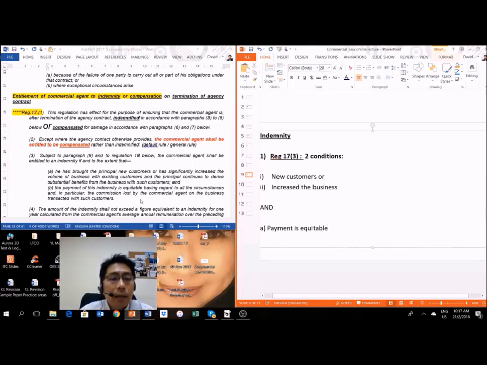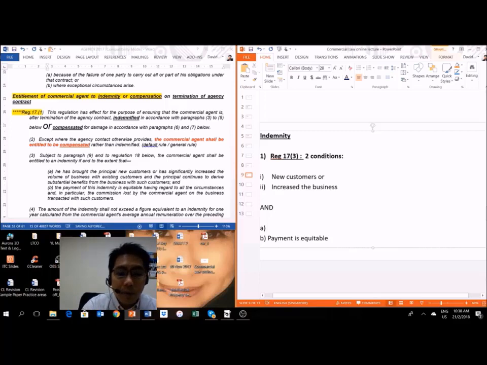Here, we want to understand that for the indemnity to be provided, apart from this equity, there is also the earlier part, which I missed out: the principal continues to derive substantial benefits from the business with such customers, right? So let me change the order a little bit. This would be B, this A. The principal continues to derive substantial benefits.